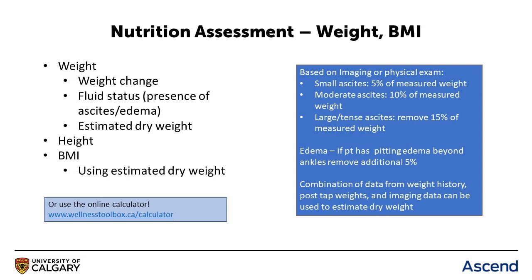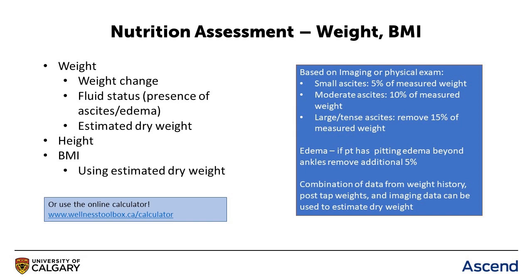Based on physical exam by a nurse practitioner, registered nurse, or physician, or by imaging, so a recent ultrasound, CT or MRI, those reports will typically report the extent of ascites. It's classified as small, moderate, or large. On physical exam, it might be reported as tense ascites.